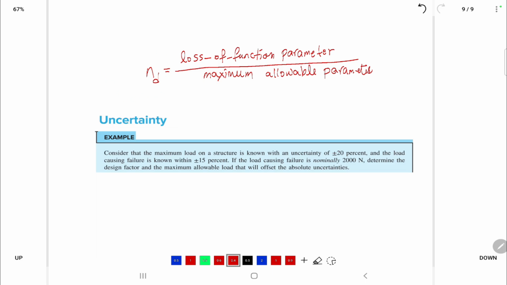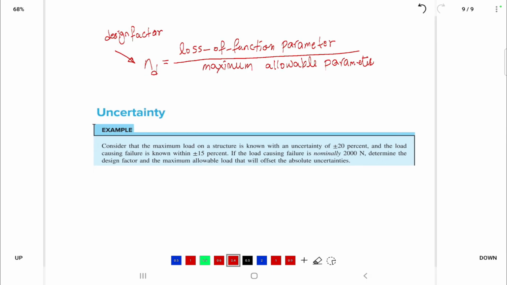So the uncertainty is measured by n sub d, which is called the design factor. We discussed this last week and we stopped at this point. Today we will carry on and explain this fully using a numerical example.